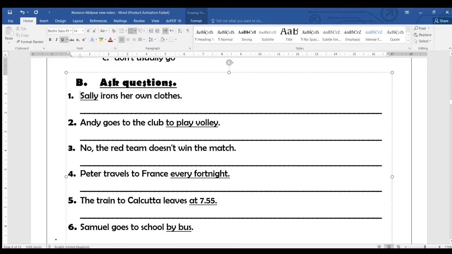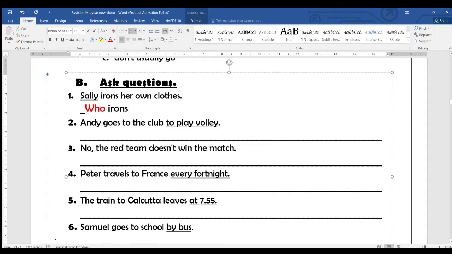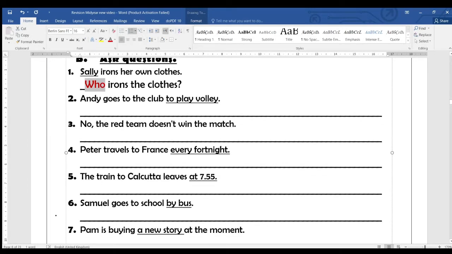I use question words, WH. So to ask about a person, I'm going to use the question word, who. Okay, so I'm going to say who irons the clothes. All right, that's what you're going to do for all of the next 6. Answer until number 7 and then go to the next part.